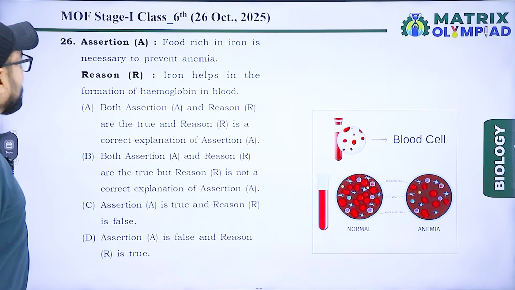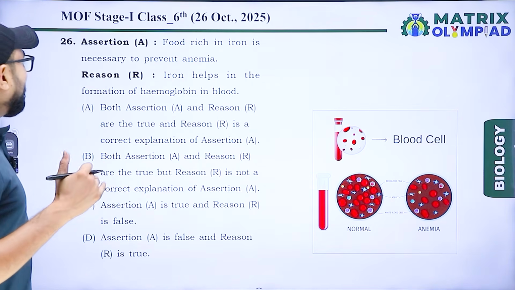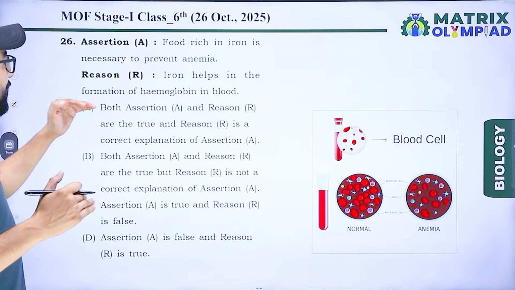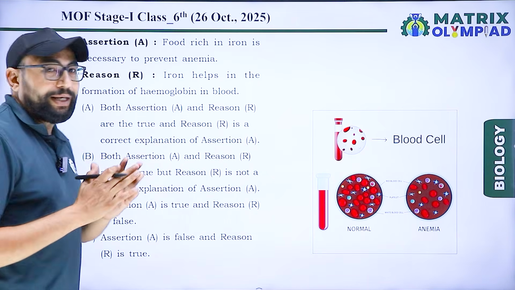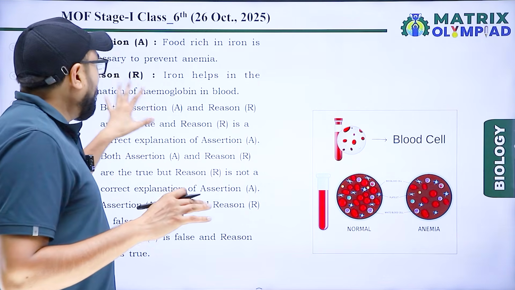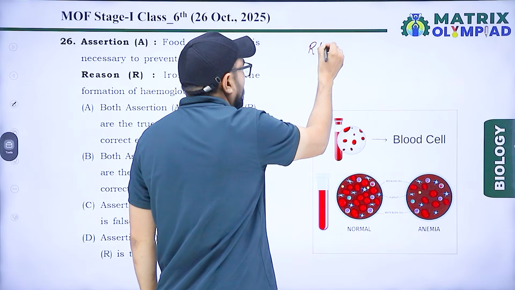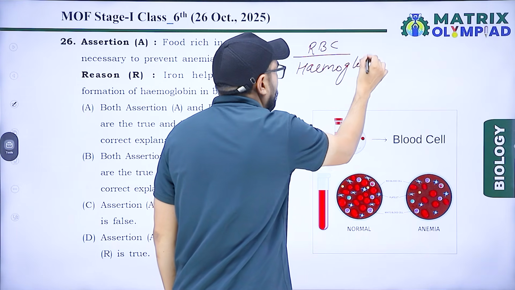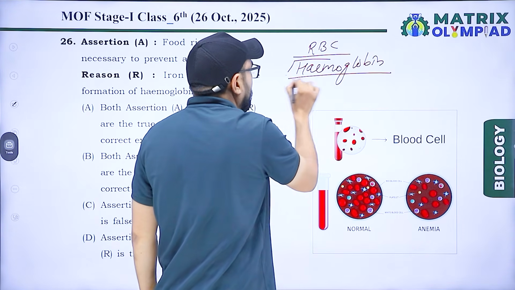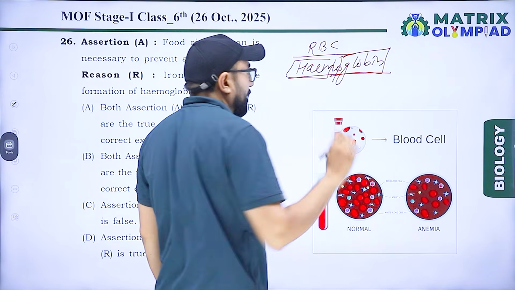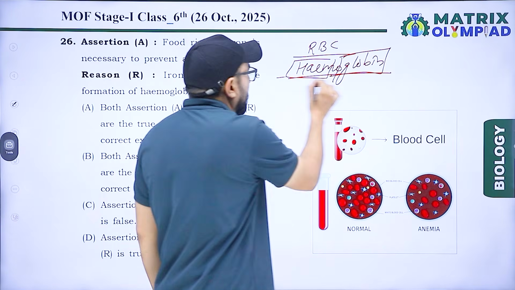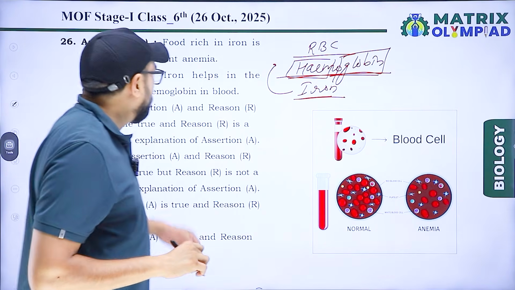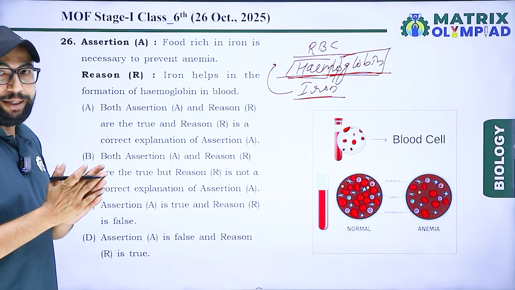Next, assertion A: food rich in iron is necessary to prevent anemia. And reason R: iron helps in the formation of hemoglobin in blood, because in our RBC hemoglobin is present, heme pigment and globin protein, and it contains iron that is important for formation of hemoglobin.